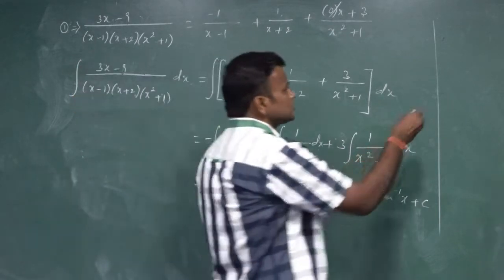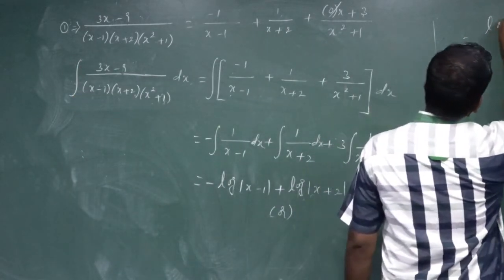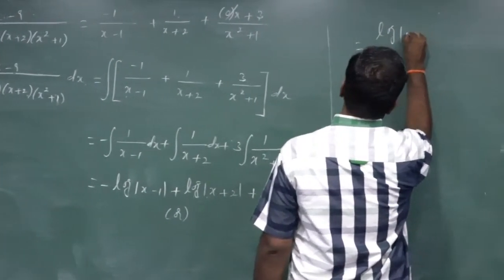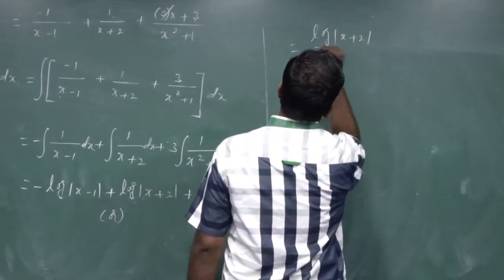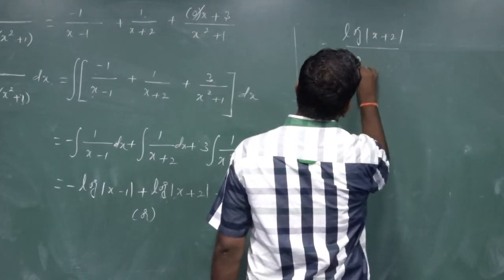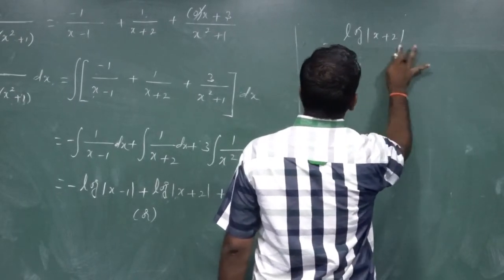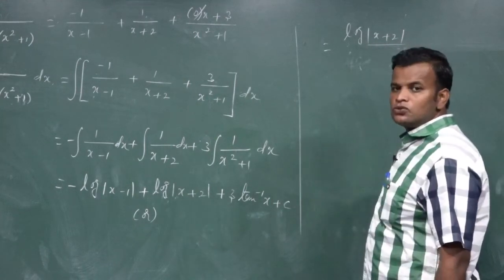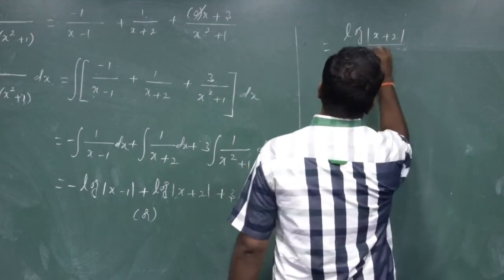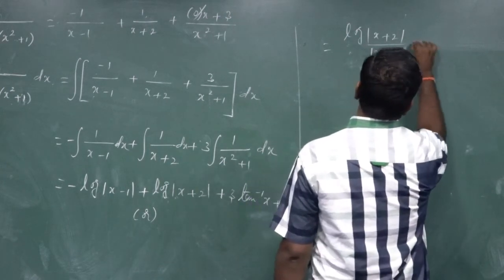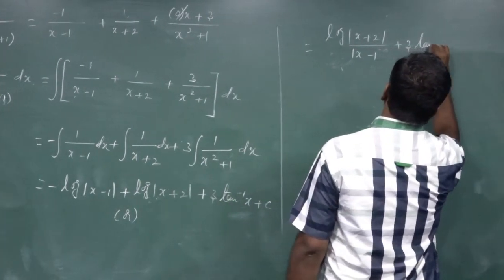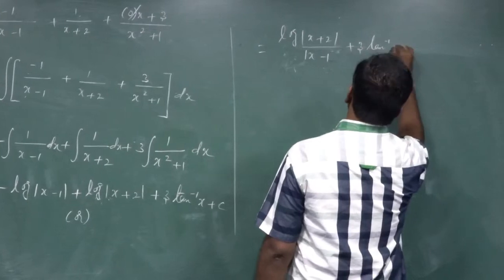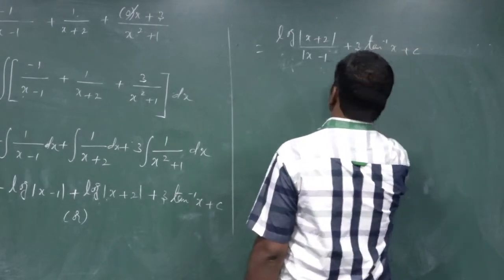So we write it as log modulus x plus 2. The log m by n formula we used here. So we write it as log modulus x plus 2 divided by modulus x minus 1, plus 3 tan inverse of x plus c.